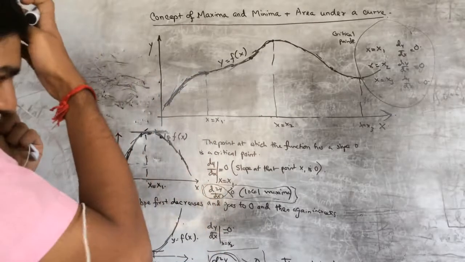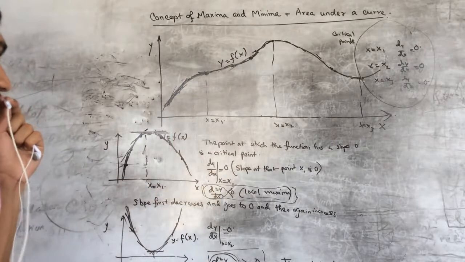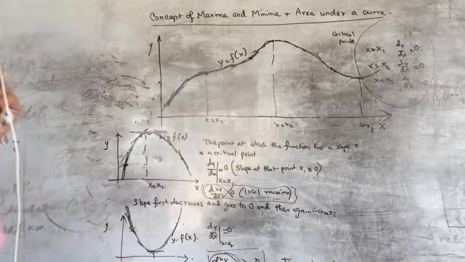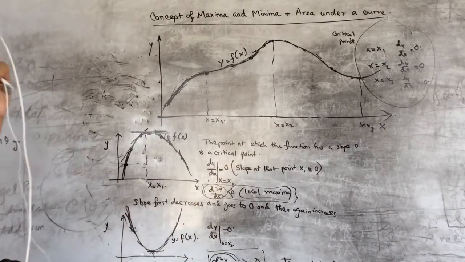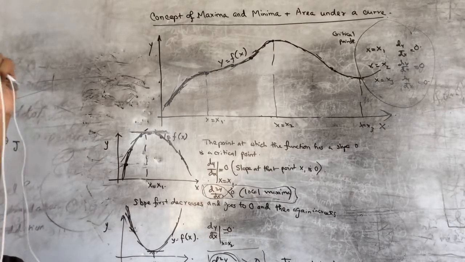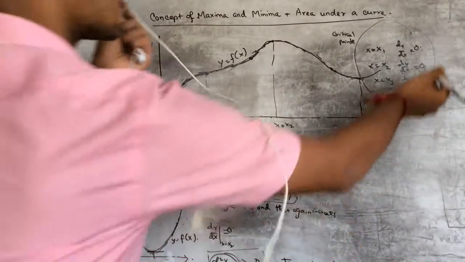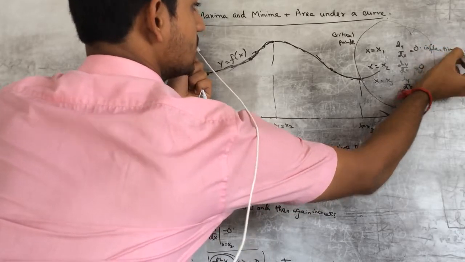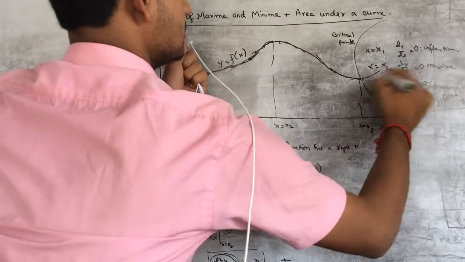Since I have drawn the graph, there is no need to analyze the function with its differentials. I can see it directly from the graph that this point is a point of inflection. So those points which have a slope 0, that is dy/dx is 0, and the second order differential is also 0, are called points of inflection. So this point is a point of inflection. The point x equals x2 is a maxima, as you can see, and this is a minima.